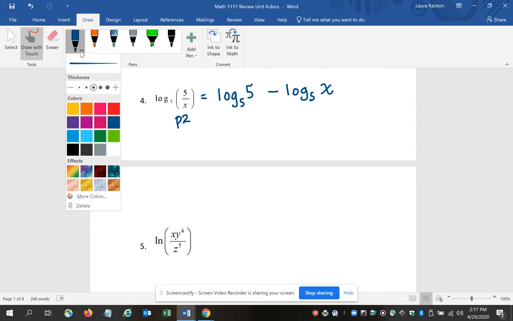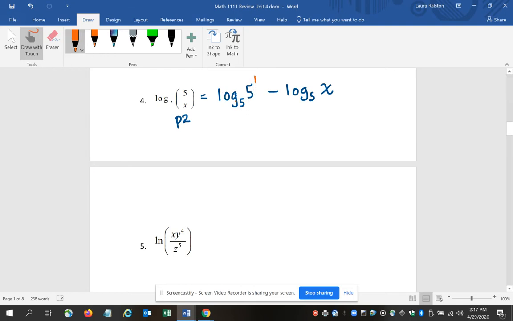Again, be careful because remember you want to simplify it all the way. Log base 5 of 5 to the first. Remember that a logarithm and an exponential of the same base are inverses. They cancel one another off. So this becomes 1 minus log base 5 of x. This would be the appropriate answer because you're asked to simplify it as much as possible. And I can do log base 5 of 5 in my head.